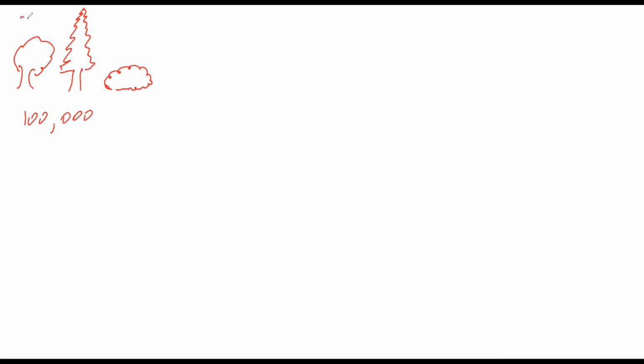About 20% of the trees are this type, about 50% of the trees are that type, and about 30% of plant life, whatever, is this other tree. So now, again, the question is, I want to do machine learning classification to differentiate between these 3 types of trees.